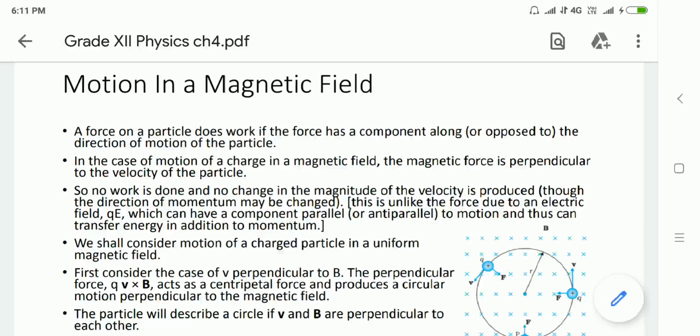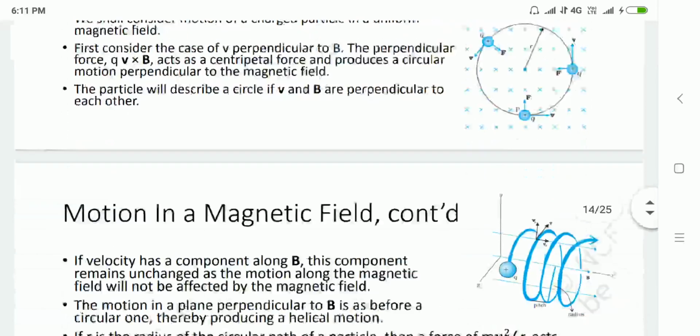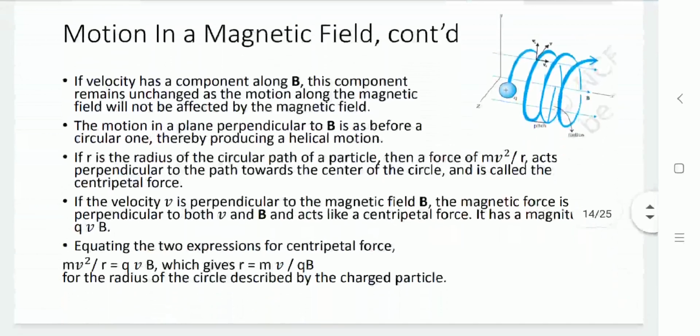If there is an angular deflection, a circular path won't be available. And if the velocity has a component along B, this component remains unchanged along the magnetic field and is not affected by the magnetic field. So the motion in a plane perpendicular to B acts as a circular path, and this circular path continues as the charge moves in a straight line.